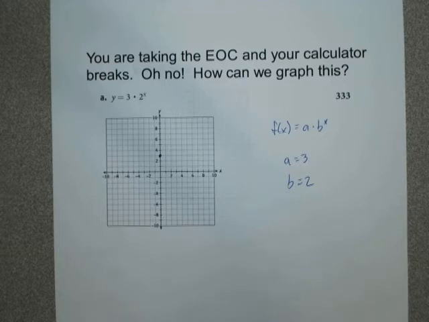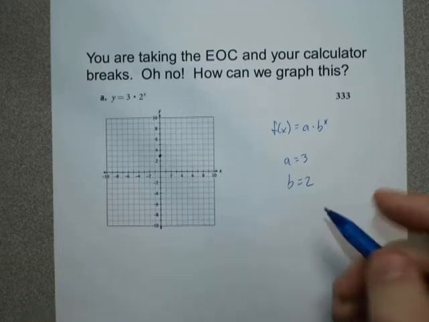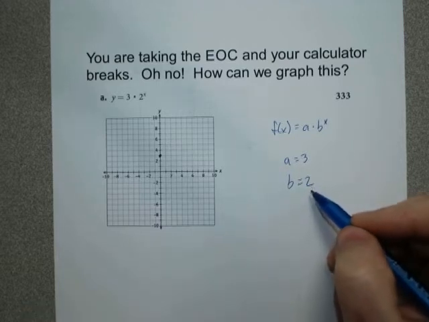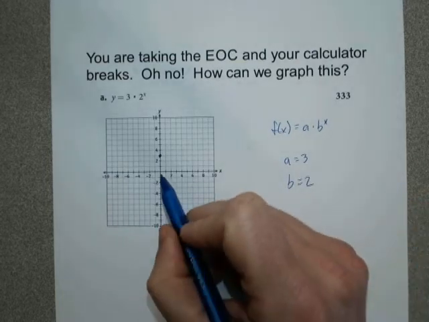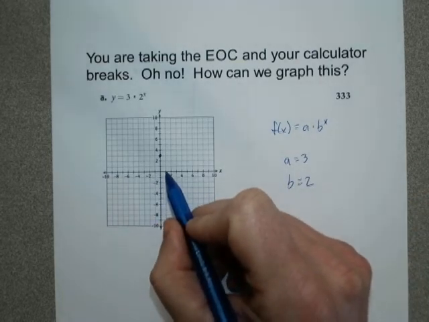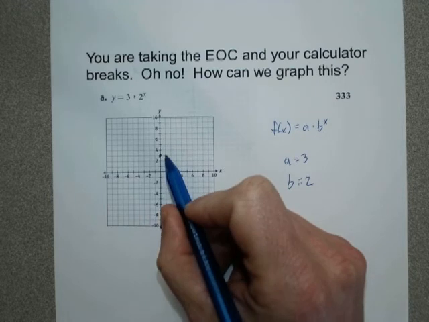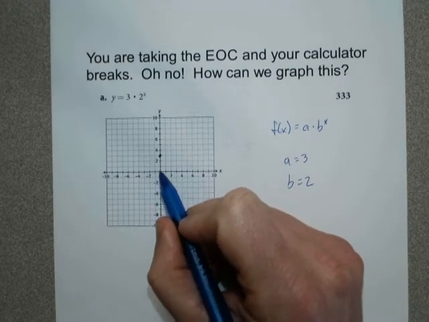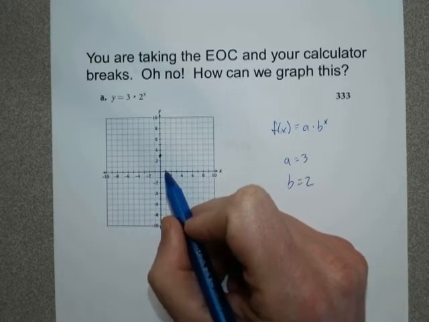And what this means is our output is going to double every time we move one spot. So whenever I move my input one place, when my input is 1, my output is going to double from the previous output. So if my previous output was 3, what is my output going to be for 1?